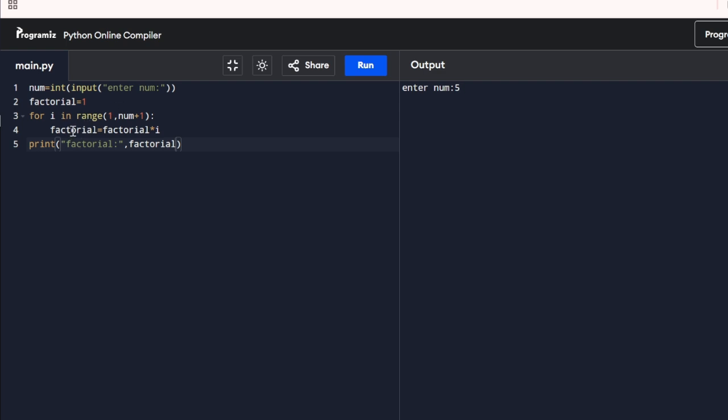So now factorial is updated with the value 1. After that, this factorial value 1 will be given again. So factorial is 1 and i is 2 in the second place. 1 into 2 is 2. Factorial is now updated with 2. Like that, 1, 2, 3, 4, the loop continues until the number we have mentioned here.